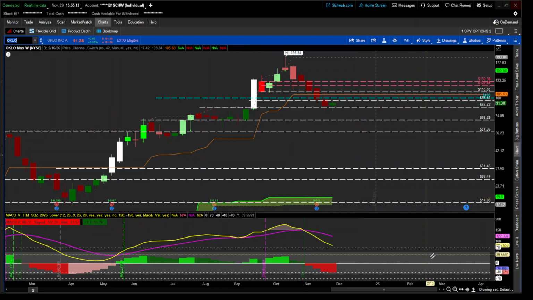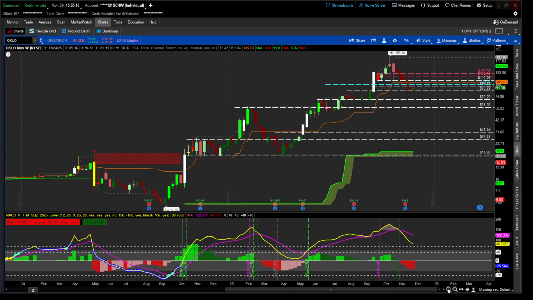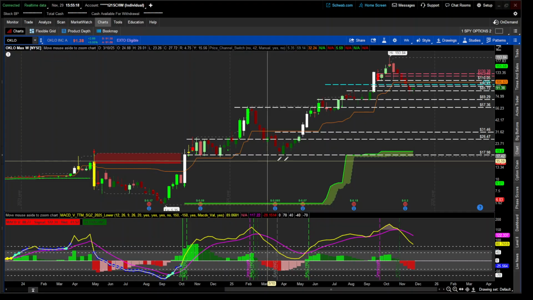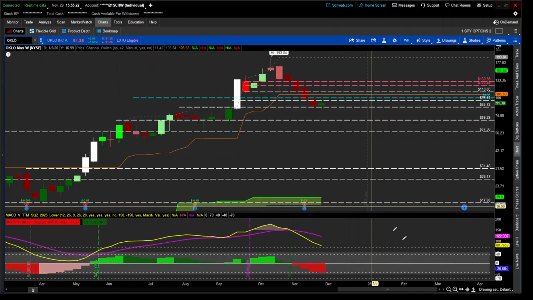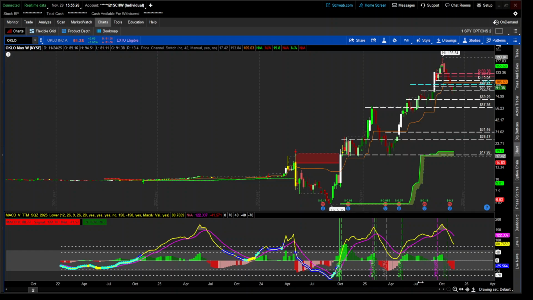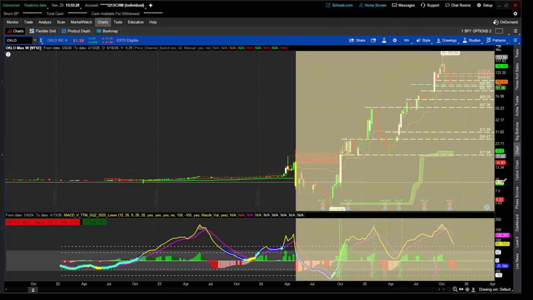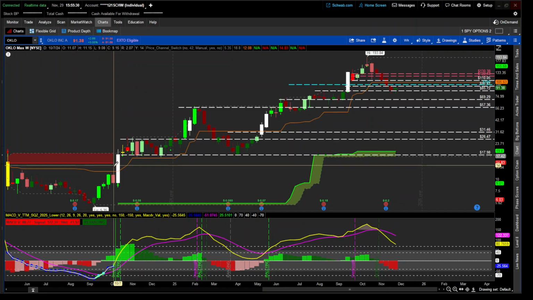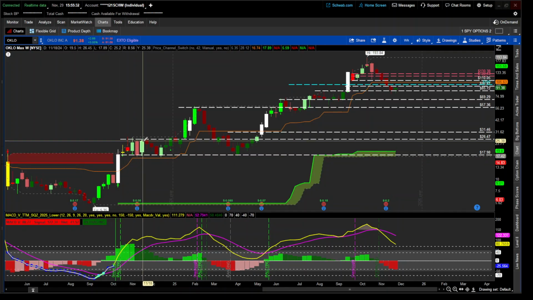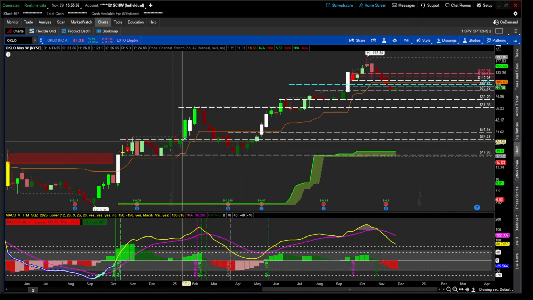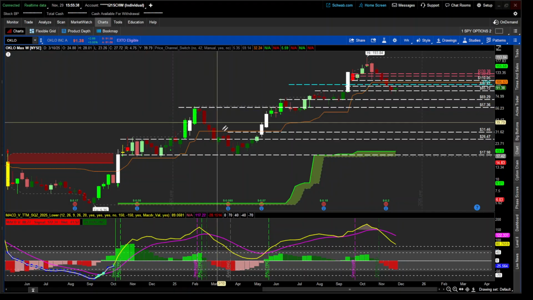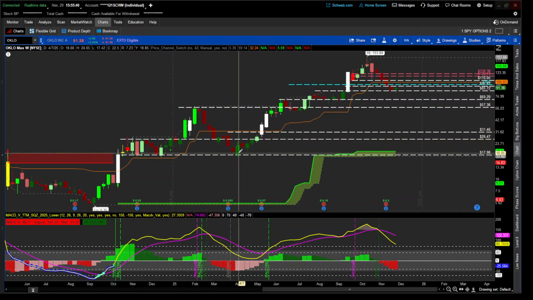So Oklo is still energy, but they don't make any money. But it's still a high flyer, especially when you look at it over a long period of time. I actually owned this stock at 18 when it made this big move right here. I sold it up here, bought it again, sold it somewhere up here, and I didn't buy it here.